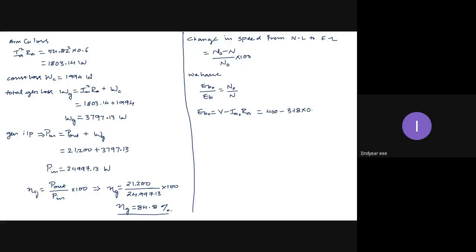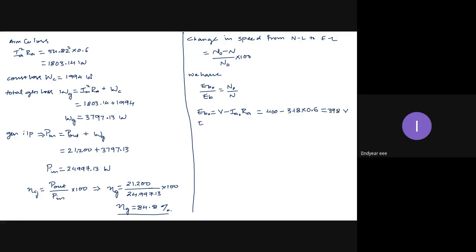RA is 0.6, we'll consider 0.6 only. Equals 398.09. Let us take 398 volts.